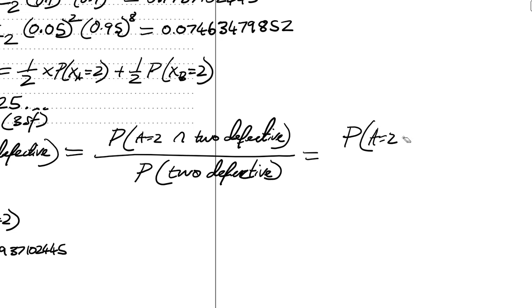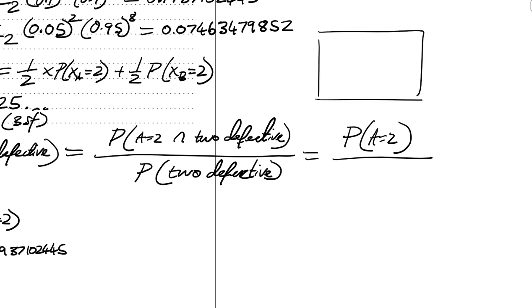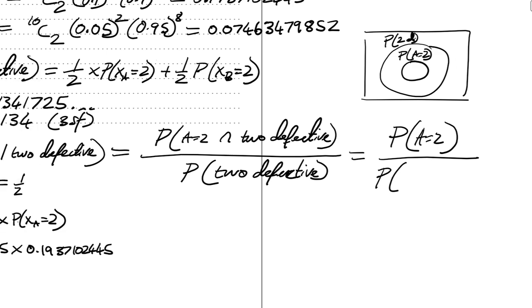If we have a Venn diagram, we have the probability that 2 defective, and then a smaller one inside, the probability that A is what causes those 2 defective pieces. Essentially all we need is just that, because that is the intersection of both. And then probability 2 defective is our total.